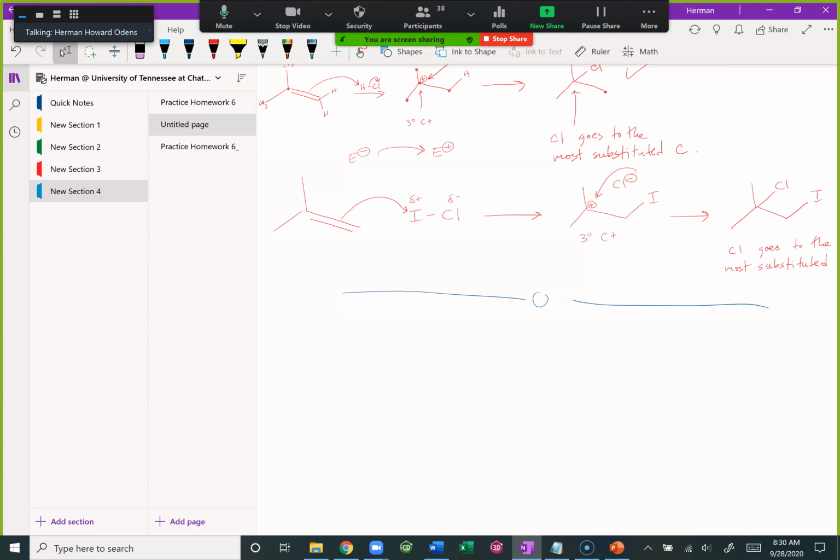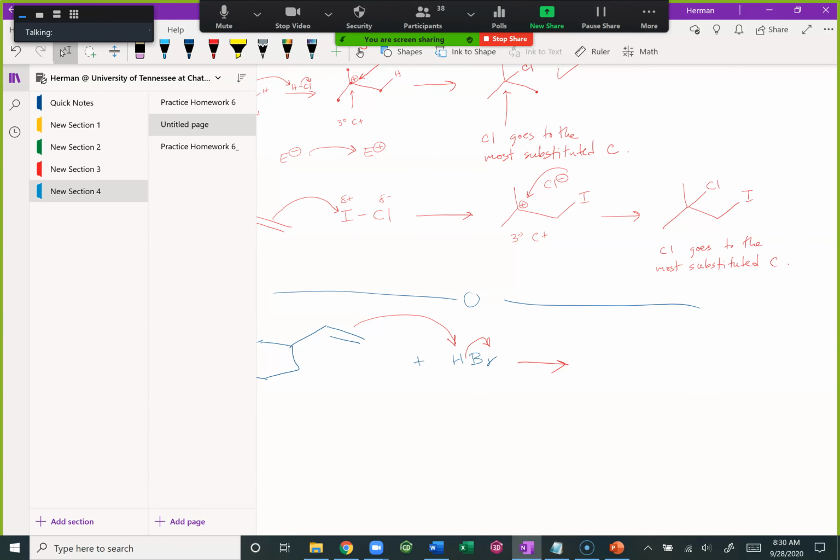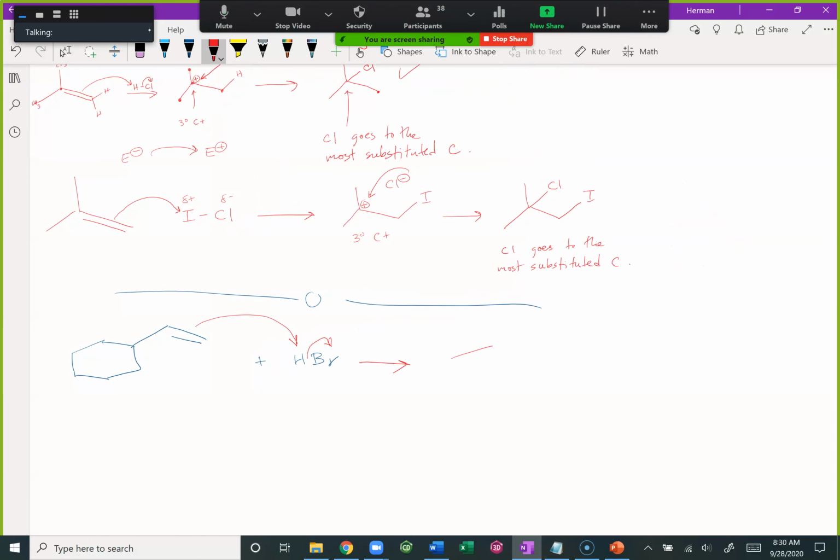So for those of you who haven't caught up yet, let's say we have this, and let's say I'm going to do a hydrohalogenation. Let's say I add HBr to this. When this double bond grabs this H and it kicks this bromine out, you're going to form a secondary carbocation, right?